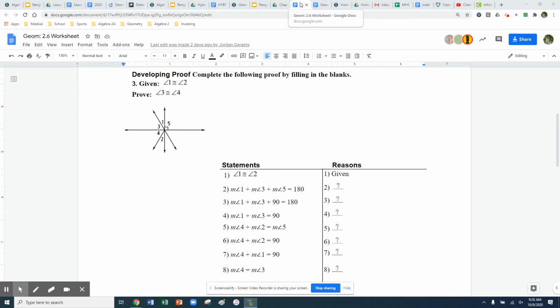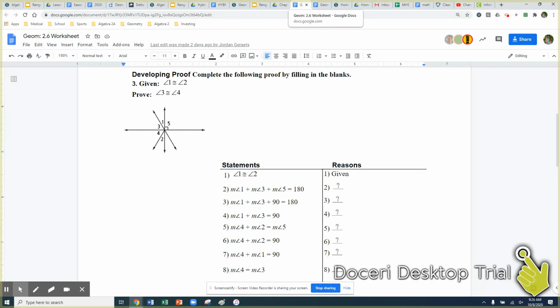So I'm going to do some markings since I'm basically kind of using a hard copy. I'm going to mark that angle 1 right here is congruent to angle 2. So we'll put an arc on each of those. That's what our given information is. So our first statement, okay, we're given. Next, we look at the measure of angle 1 plus the measure of angle 3 plus the measure of angle 5 is equal to 180.